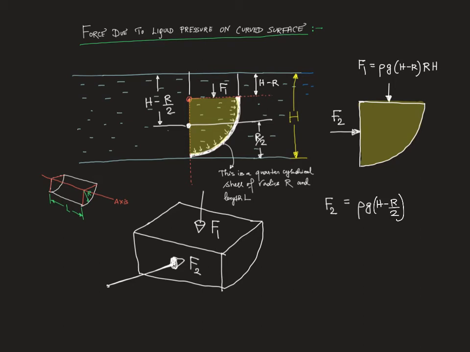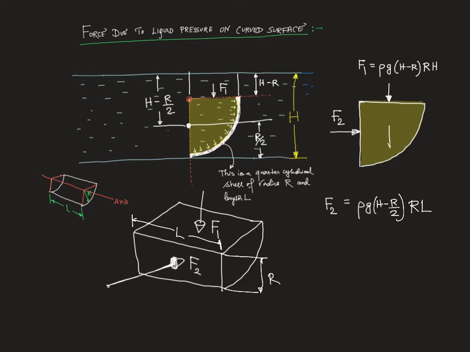So what is the area? In the diagram below, you will see this is R and that's L. So area of the rectangular surface is R multiplied by L. So that is how we got F2 also.